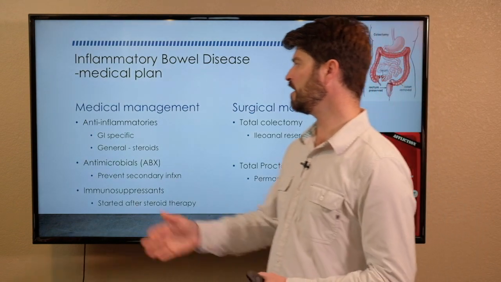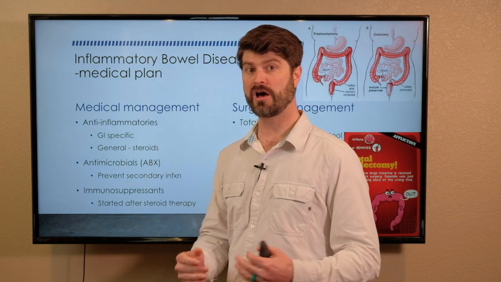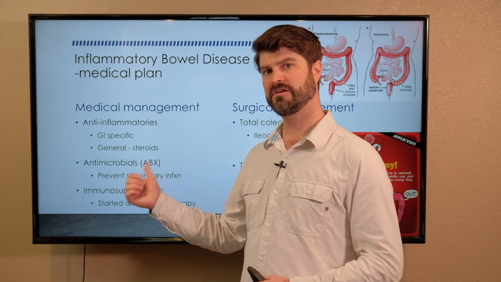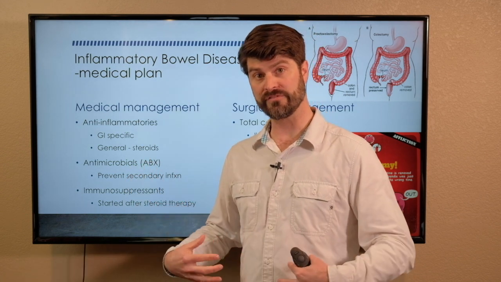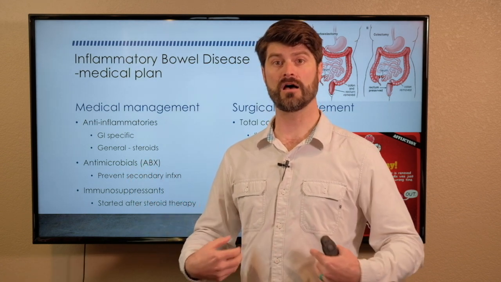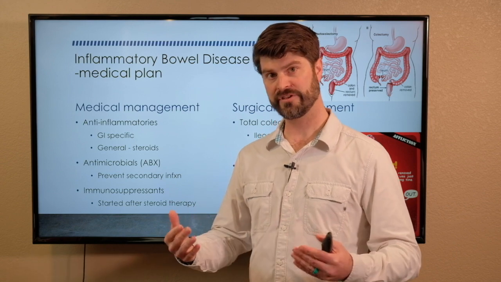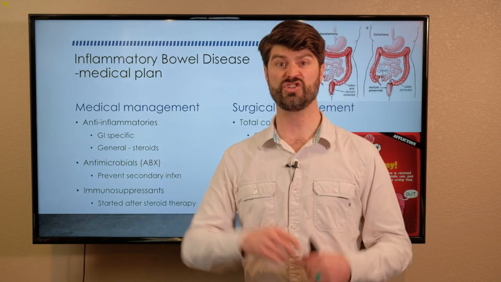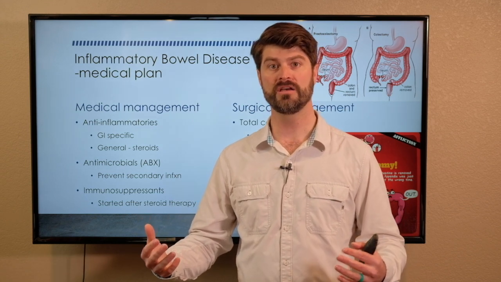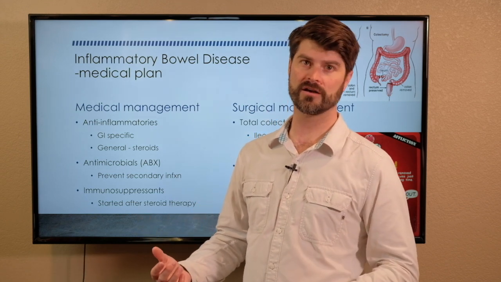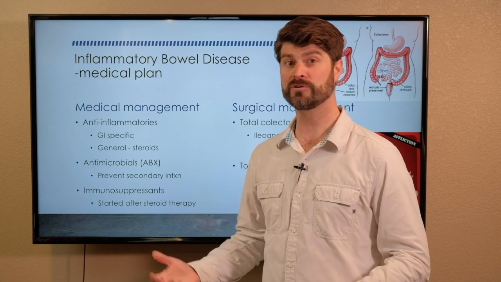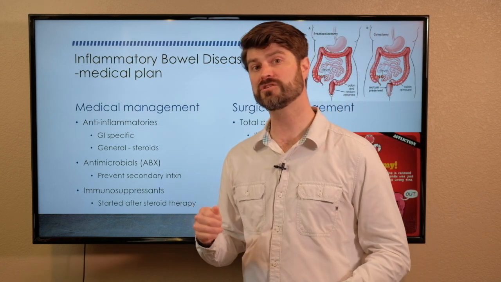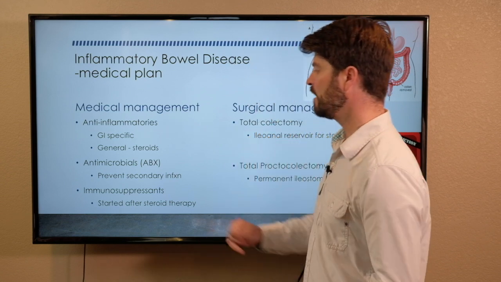So the medical plan, when we're treating these medically, meaning not with a knife, we're going to be doing anti-inflammatories. There are some anti-inflammatories that are GI specific, so they're going to affect the lumen of the bowel specifically and not holistically. And then we're also going to be looking at doing some general anti-inflammatories, such as IV steroids. Solumedrol, IV solumedrol is one that I see that's given quite a bit for Crohn's disease patients and ulcerative colitis.